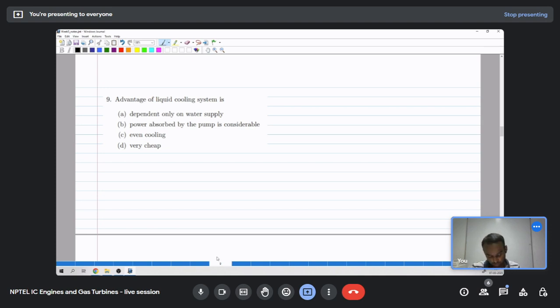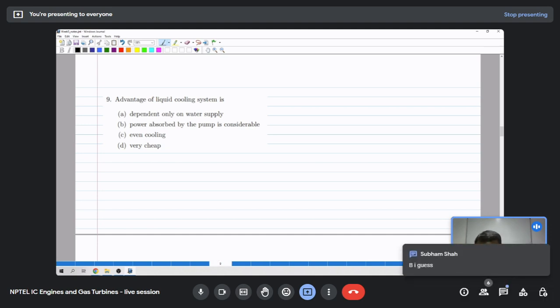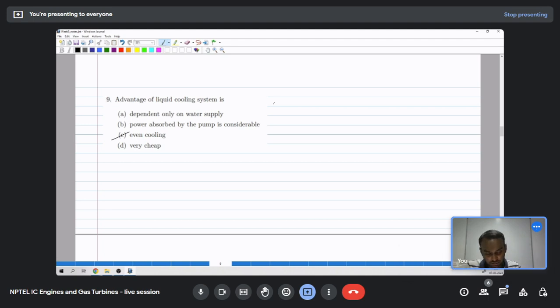Among the options given, the best choice is C, even cooling. Superm has given B, power absorbed by the pump is considerable. But if the power absorbed by the pump is considerable, then it is a demerit, right? So it is not an advantage.